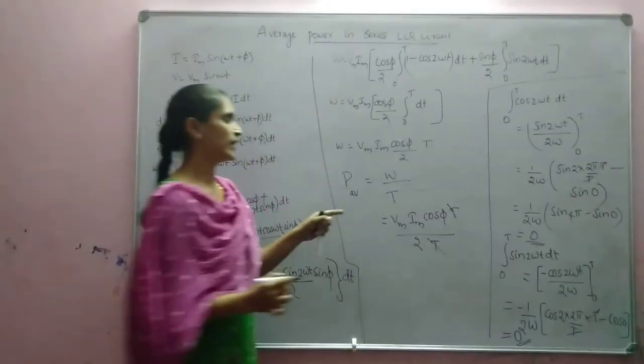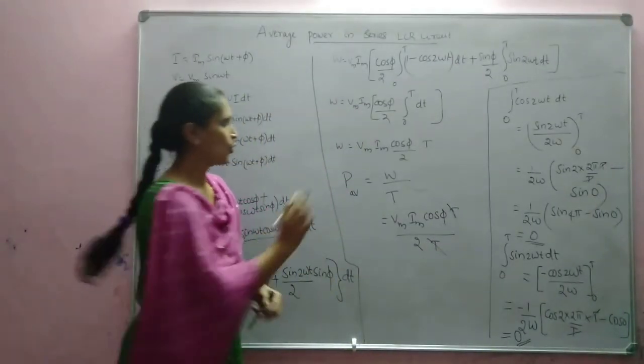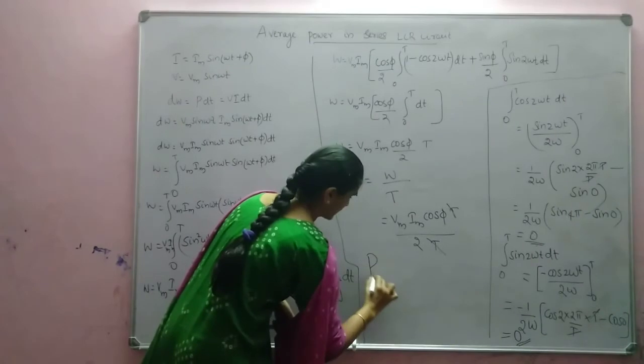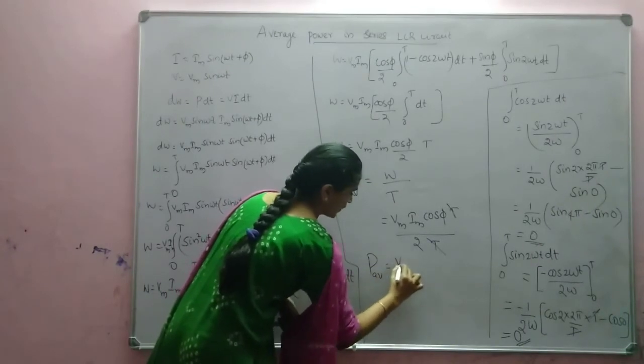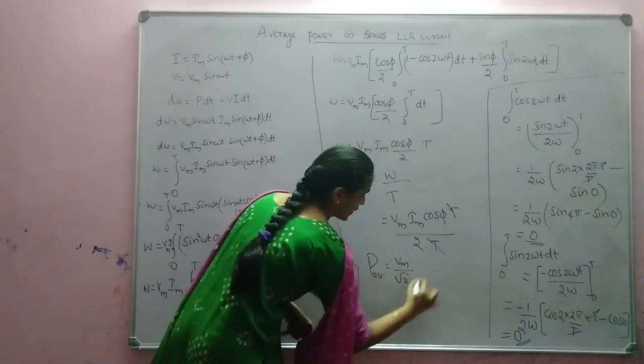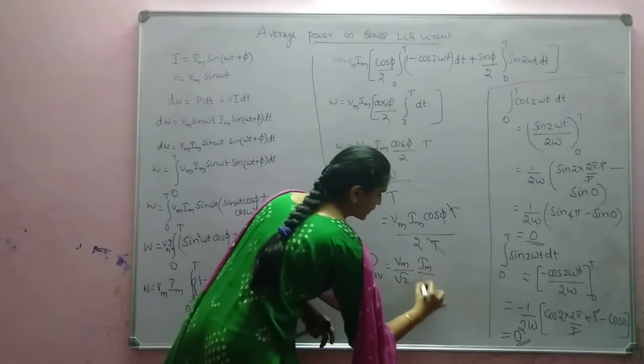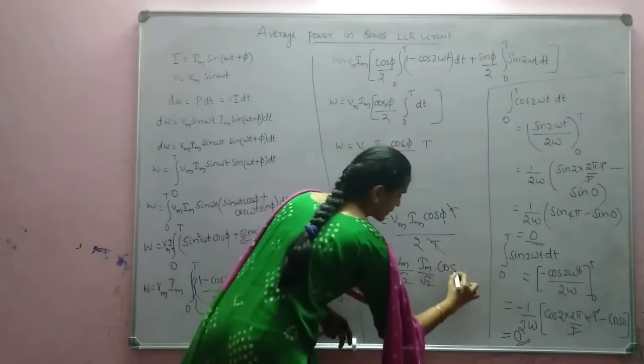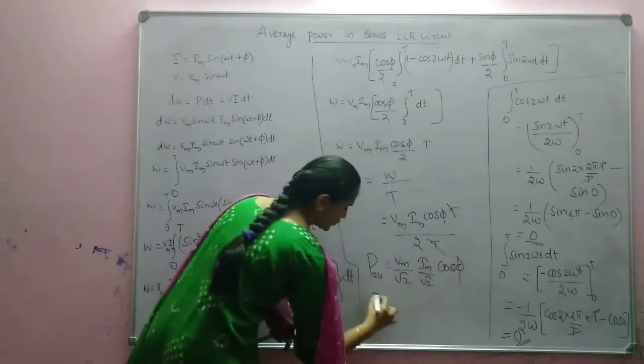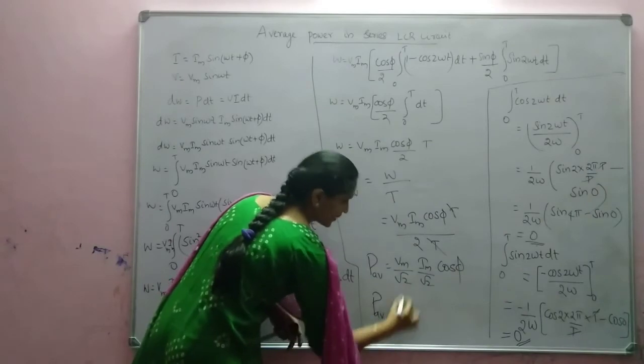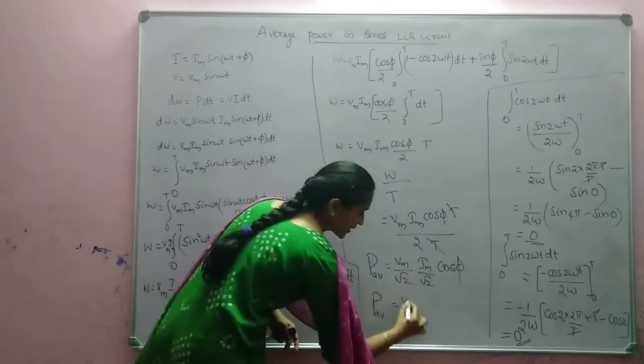Or we will get Vm Im cos phi by 2, or this can be written as Vm by root 2 into Im by root 2 into cos phi. Vm by root 2 can be written as RMS value.